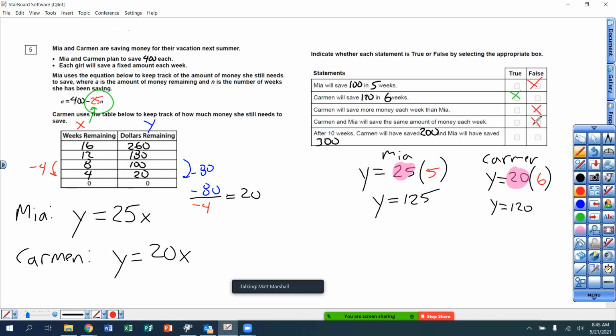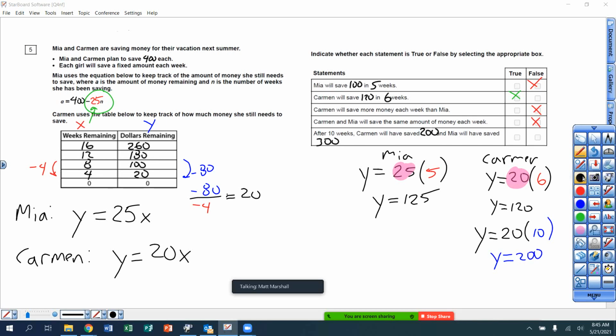And then the last one, all you're doing is a double. You're taking Carmen's equation. And again, you got to read it carefully. A lot of people are going to, again, just go Mia Carmen again. They're going to take and think, yeah, false. But I'm plugging in for the first one, 10 into Carmen's equation. Shows me 200. So far, so good.